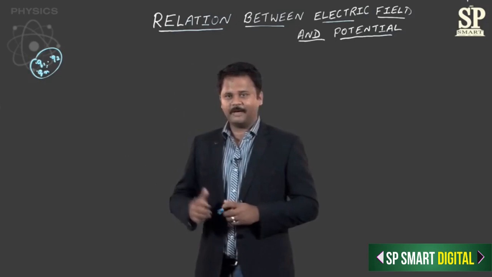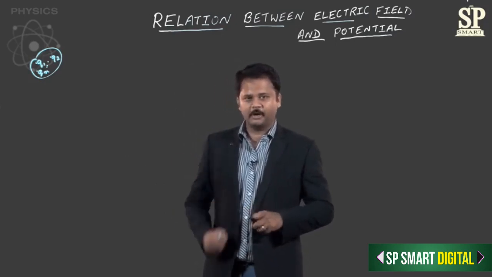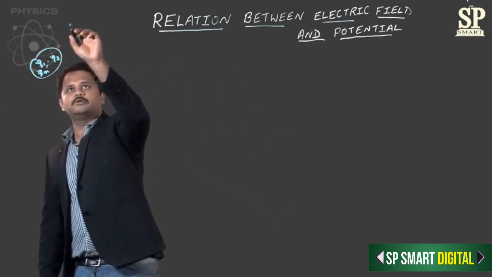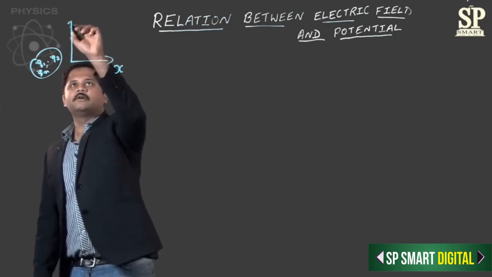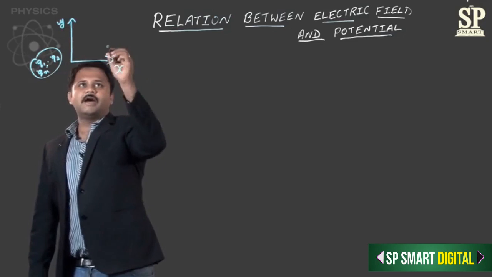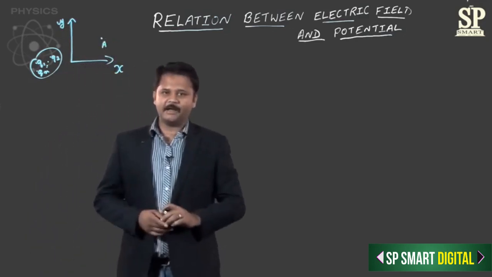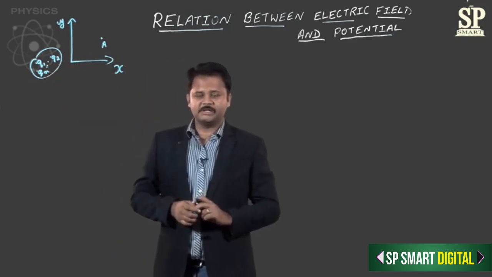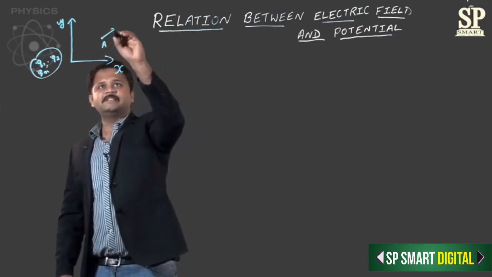Then for an electric field at any particular point, you can describe it using two particular quantities. Let's say I'll just draw the coordinate system also. I have this XY coordinate system, and I have this particular point called A. For this point A, I can describe the field created by these charge configurations as an electric field intensity.